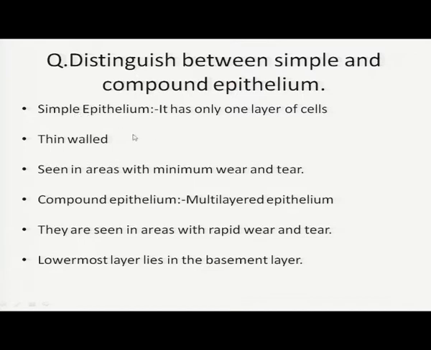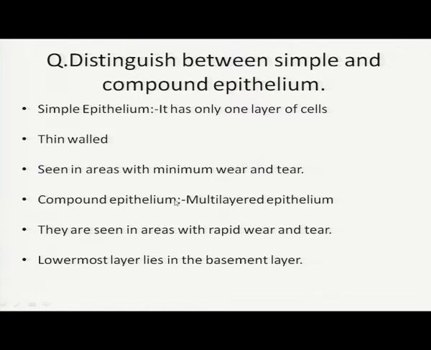Now, coming to the next aspect, distinguish between a simple and compound epithelium. Simple epithelium is made up of only one layer of thin walled cells, and they are seen in areas with minimum wear and tear.